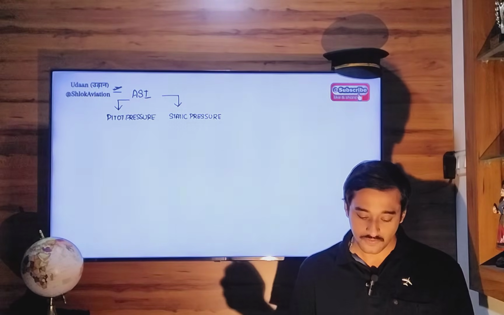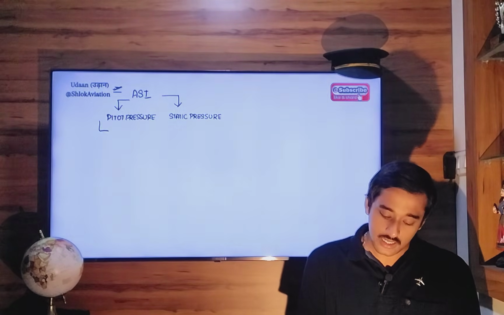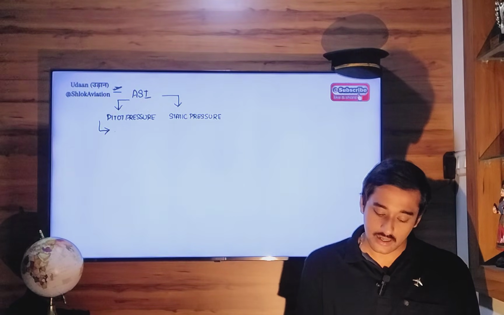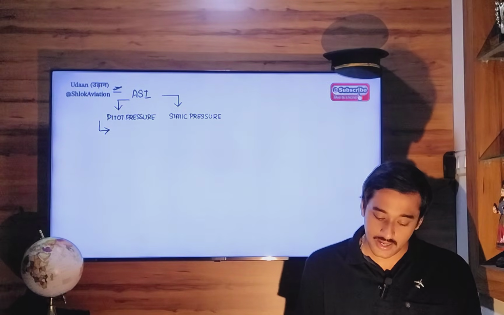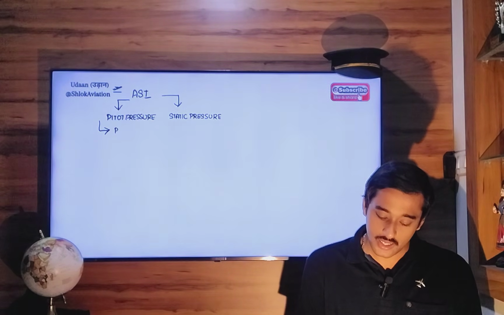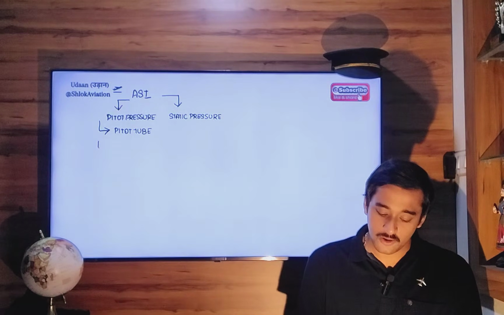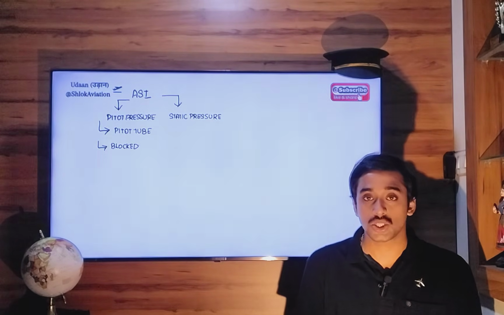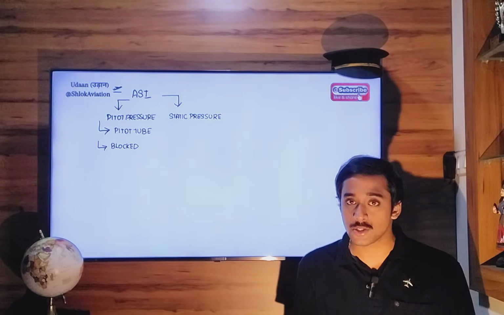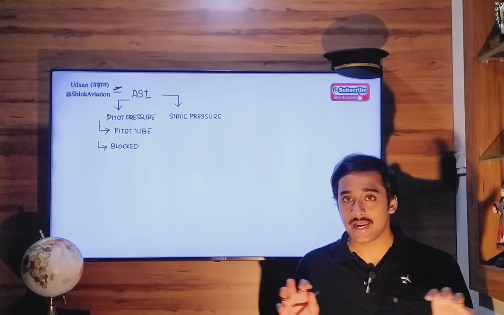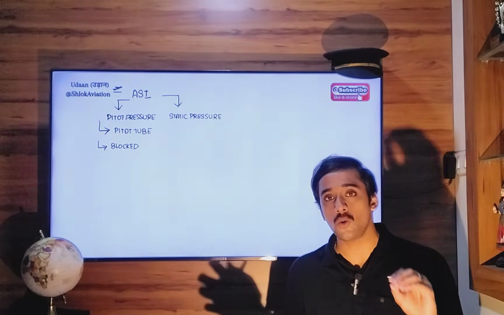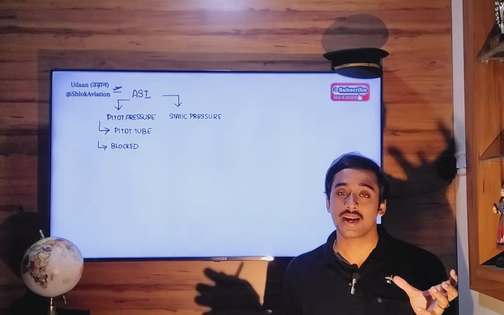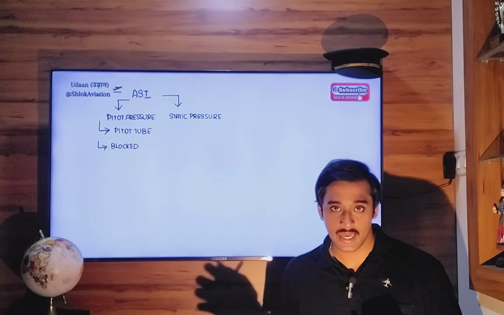Remember that. So pitot pressure enters your ASI through the pitot tube, correct? Now if this pitot tube gets blocked due to dirt, dust, or ash originating from a volcanic eruption, the pitot tube will get completely blocked. That means there is no way pitot pressure can get registered in your ASI indicator.